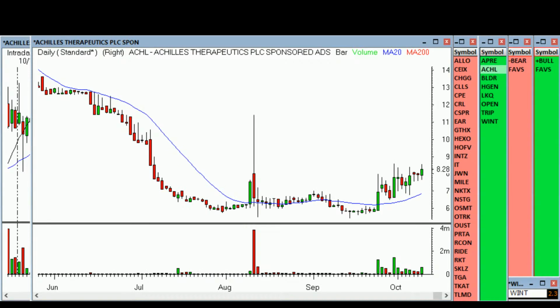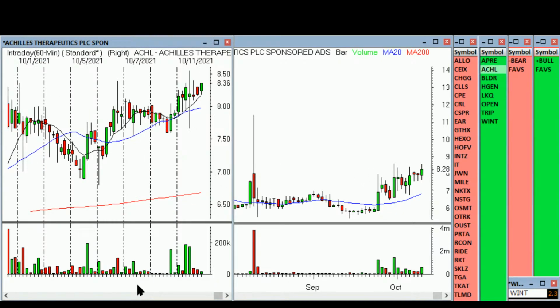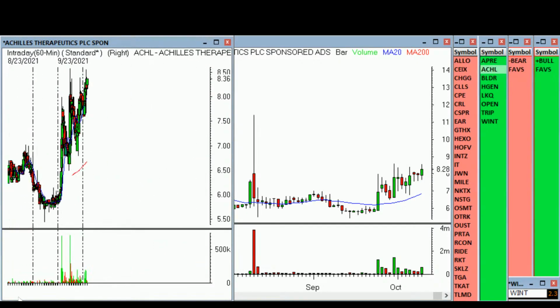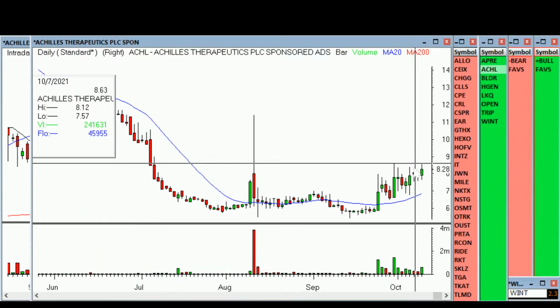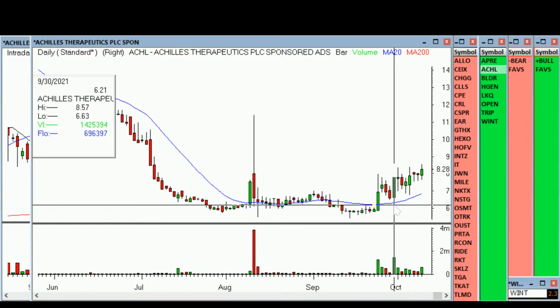ACHL, I don't remember what this looks like, and now I see it. It is a breakout on the daily chart. Looks decent, a lot of tails, which means sloppiness, but looks higher. Long over the tails, over this bar's high, which is 8.57.